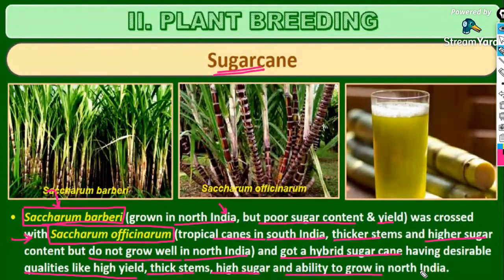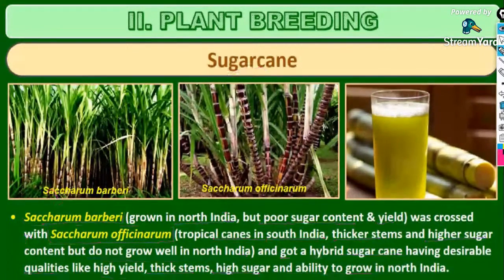So since they crossed these two, the progeny has the high sugar content, which comes from Saccharum officinarum, the South Indian variety, and the ability to grow in North India, which is the only trait acquired from Saccharum barberi. Clear?